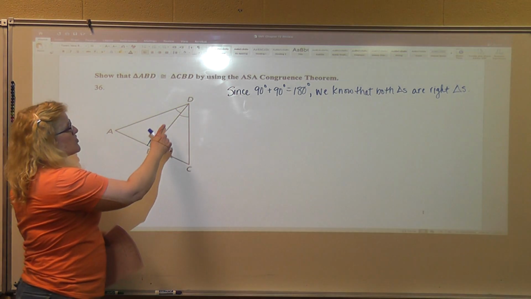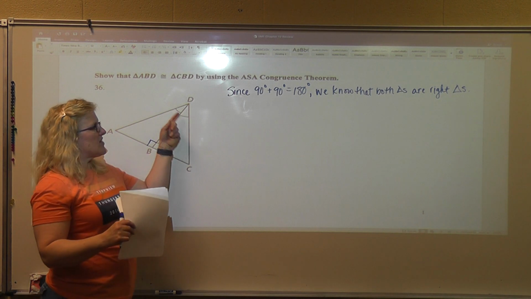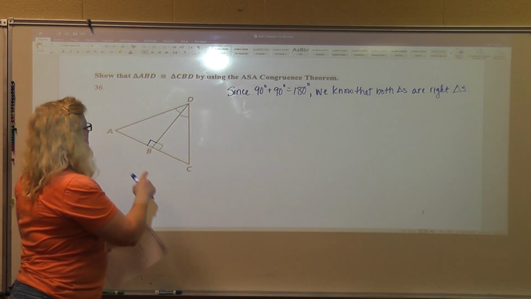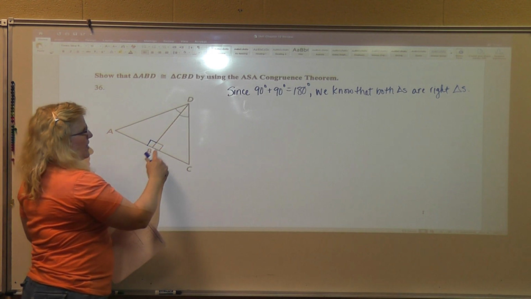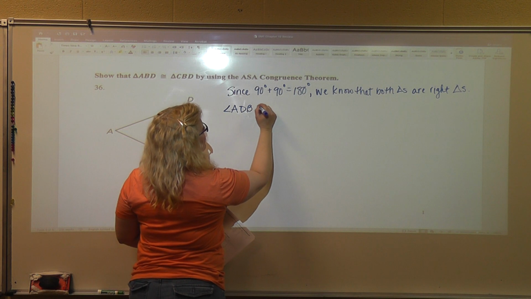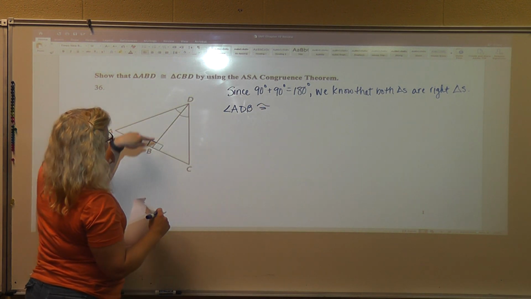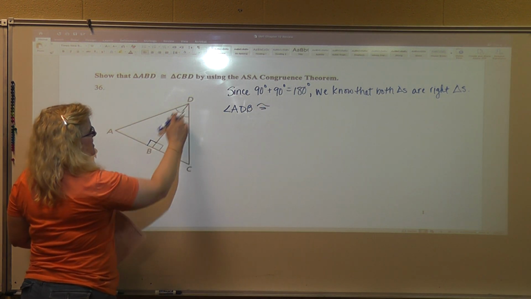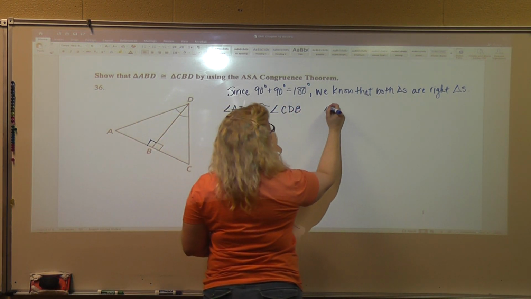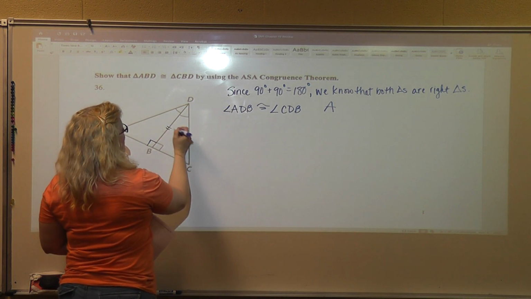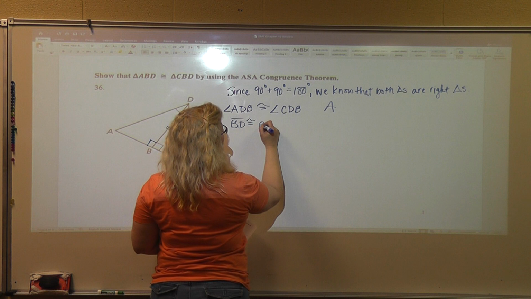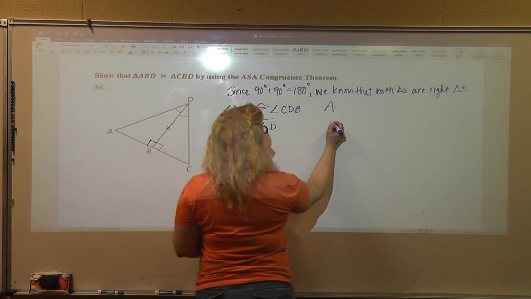And so what we can show here, and they don't have these named differently, so we actually need to write them out, these angles. So angle ADB is congruent to angle CDB, so that's one of my angles. Okay, BD is congruent to itself, so there's my side.